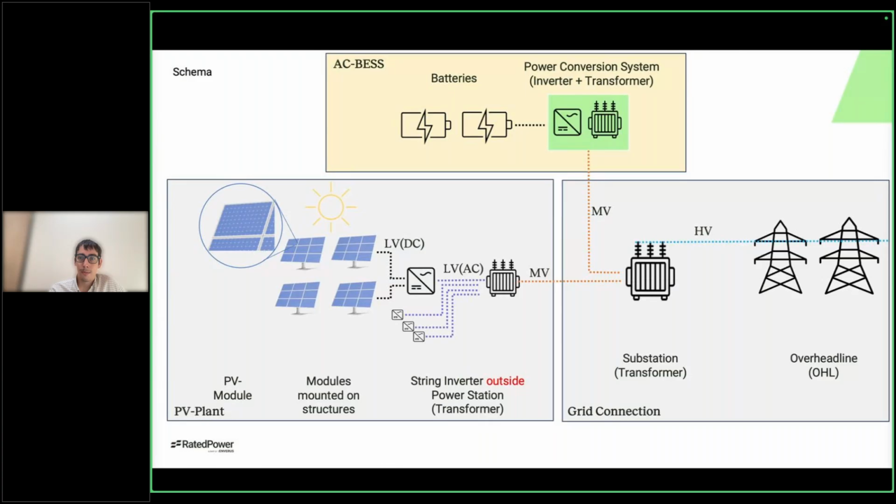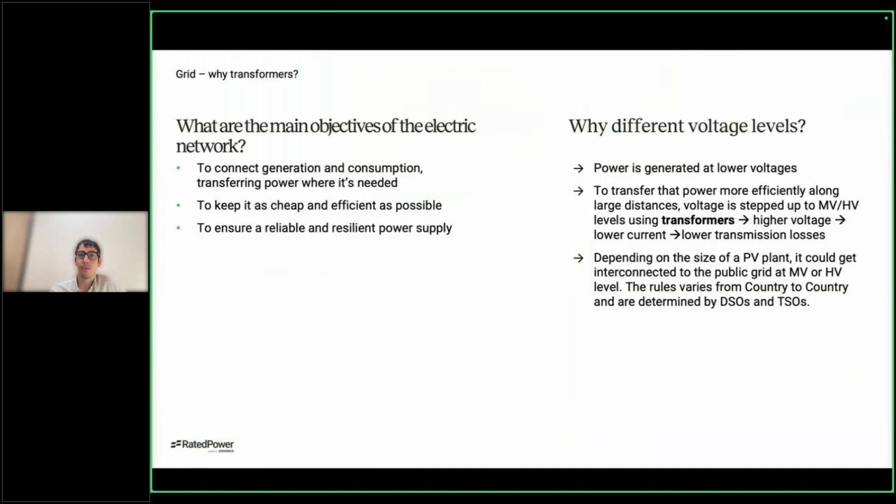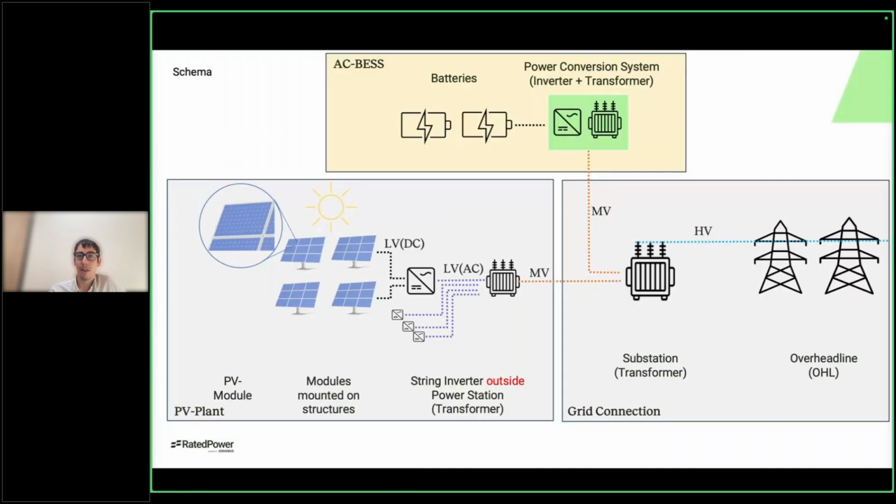And finally, the grid operates at high voltage level in the utility scale. So in between, we find two transformers that step up first to a medium voltage and finally to a high voltage. Also, just wanted to remind everyone that we can also size a battery system, and this will also mean we find a transformer in this system.